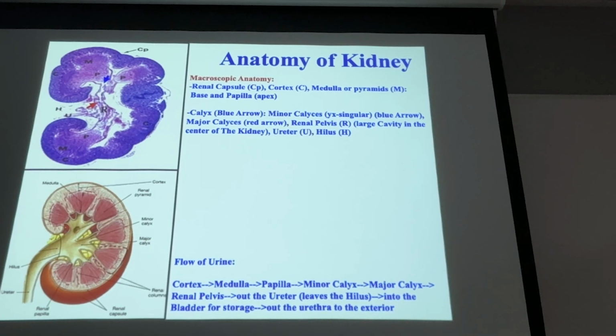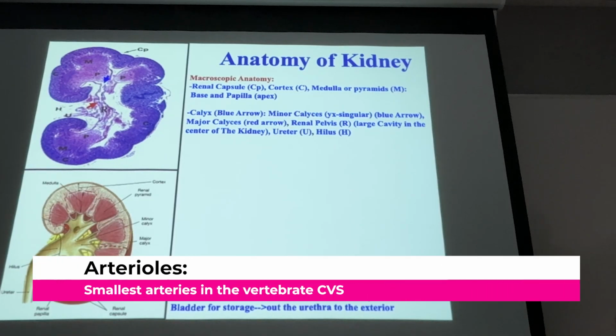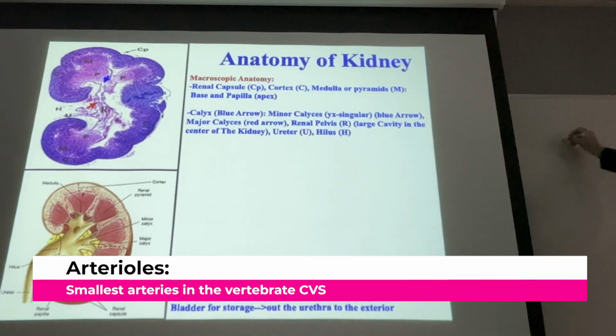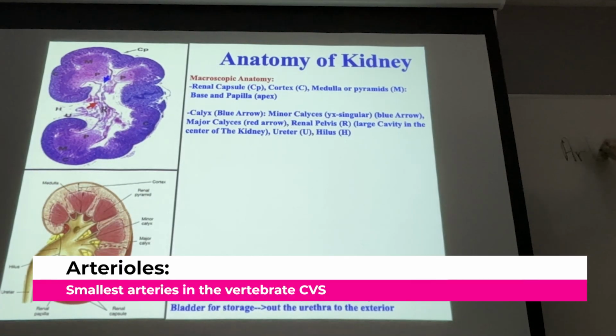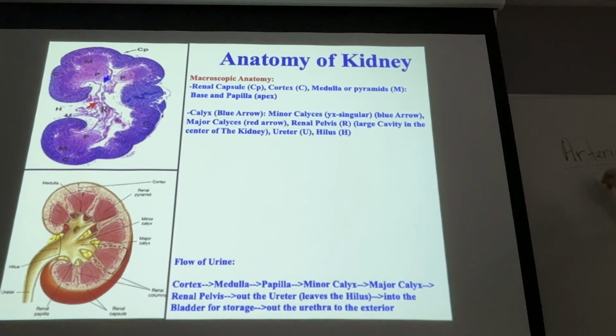Eventually, the renal artery breaks down into the smallest arteries in the body, called arterioles. Arterioles are the smallest arteries. And the arteriole here is going to break down into the glomerulus, which we've heard before.